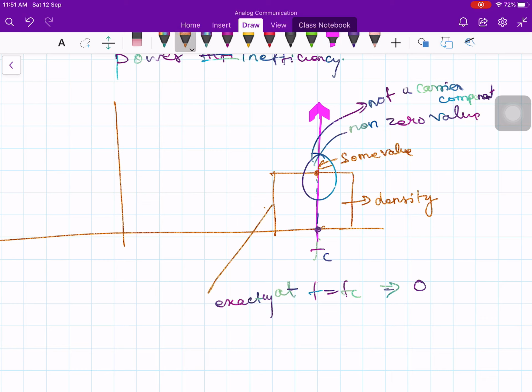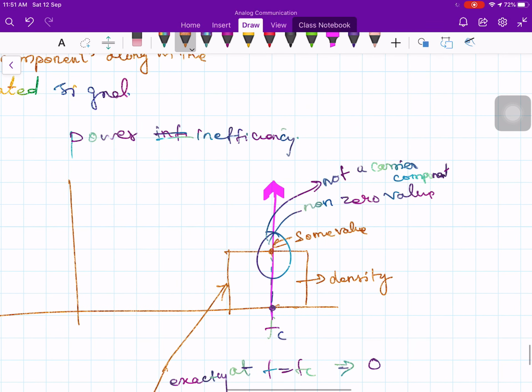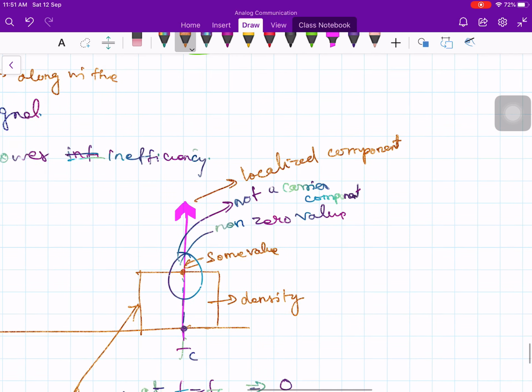This one does not have a localized component. After all, it is a density function. But this guy has a localized component, a localized component with some finite energy.